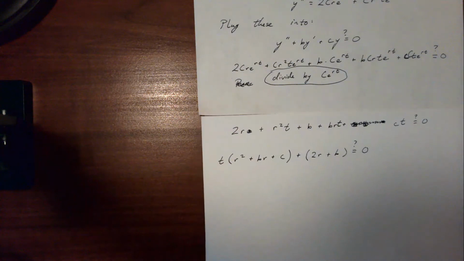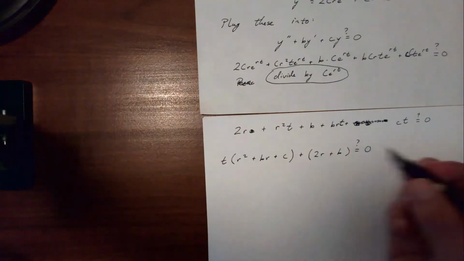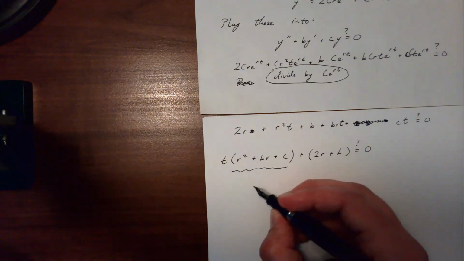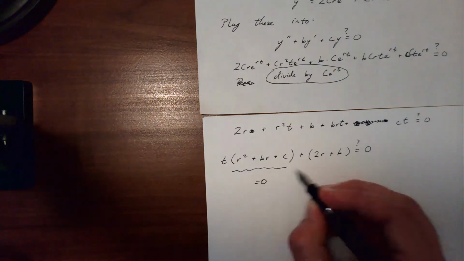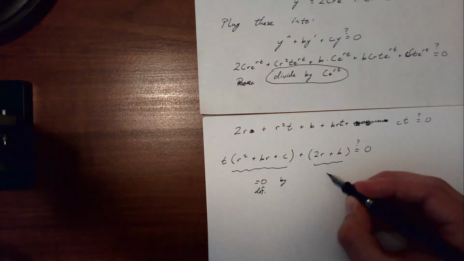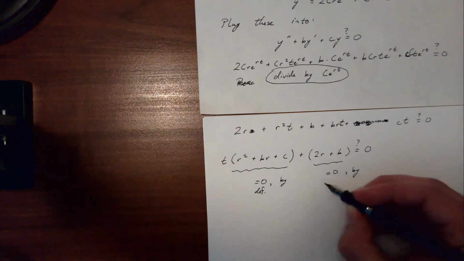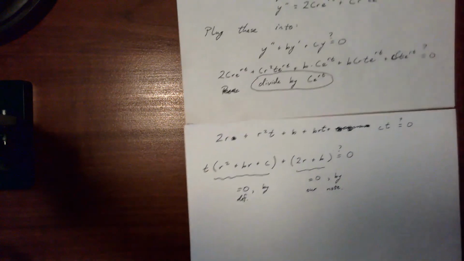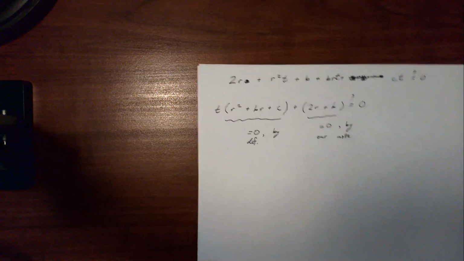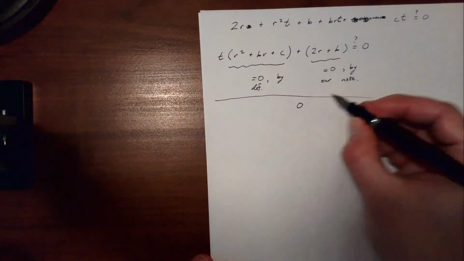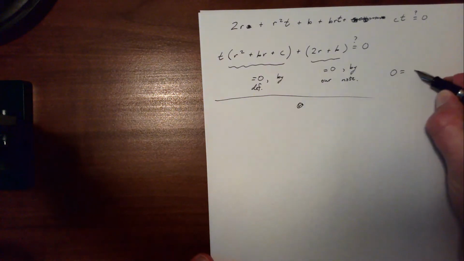But since r is a solution to the equation, that means this equals 0. So this equals 0 by definition, and this equals 0 by our note. So then what that means is we have 0 equals 0. Check.